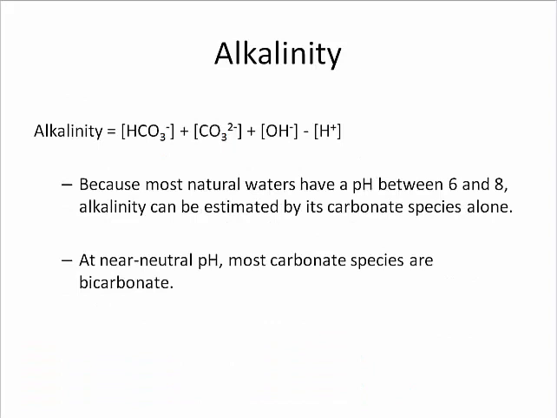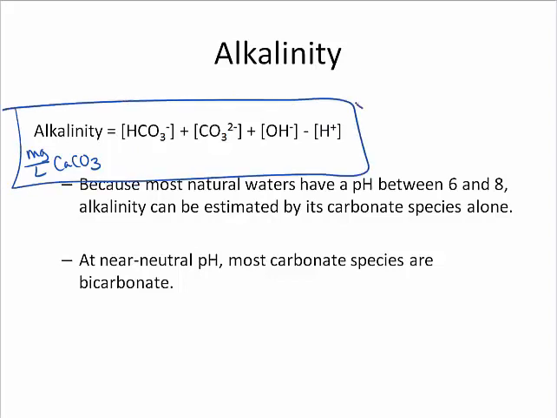Now that form of the equation is not typically used because alkalinity is typically measured in units of milligrams per liter calcium carbonate. And when you convert each of those chemical species to milligram per liter calcium carbonate, you end up with the form of the equation like this. This is the form of the calculation you should use. And before you add each chemical species, convert each chemical species to milligrams per liter calcium carbonate.